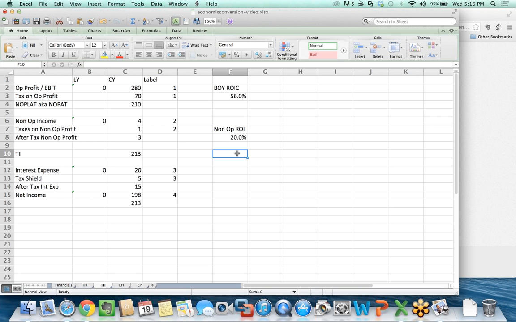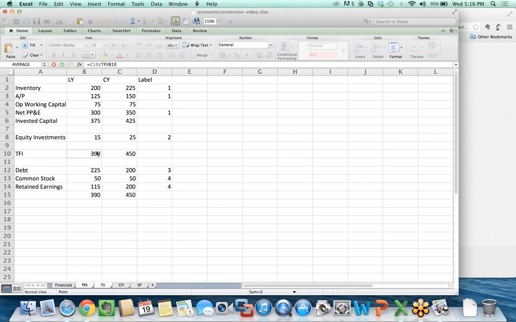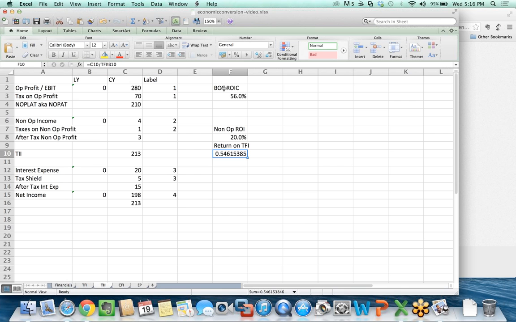So that on a TFI basis, return on TFI, I'd be making my total income available to investors divided by my total funds invested.